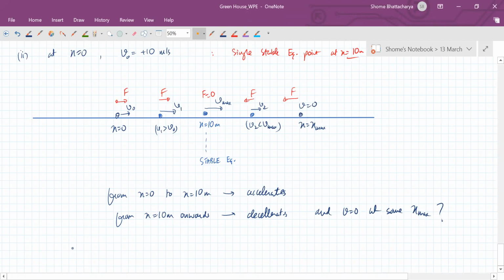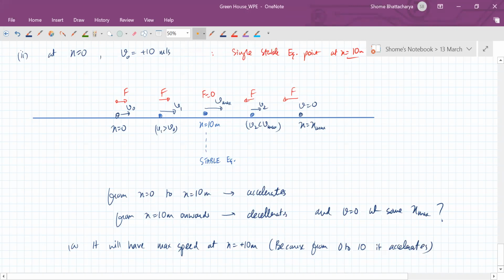So the first thing we understand here is that it will have maximum speed at x equal to plus 10 meters, because from 0 to 10 it accelerates.